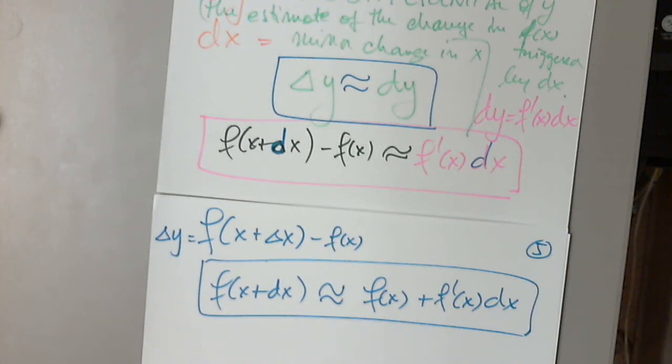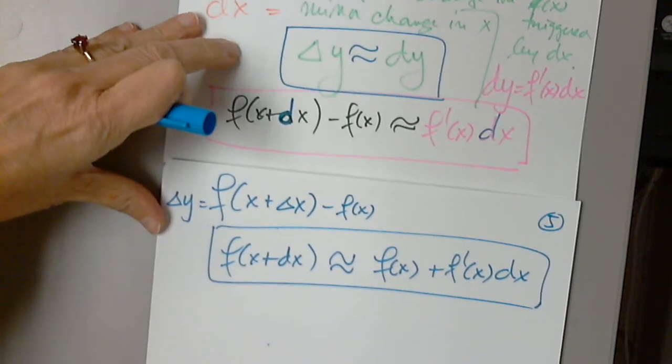So f of x plus a little bit of x, a little bit of error for x, is the function plus a little bit of y. This is a little bit of y, the estimated error triggered by the change in x, the change in y. Okay, so here's one example, and then I'll let you choose others.